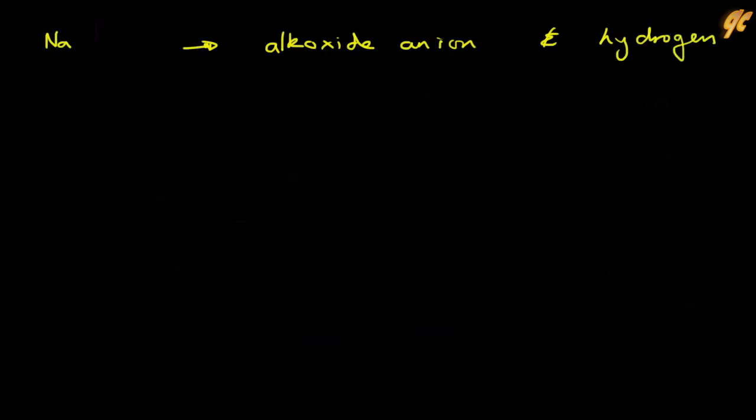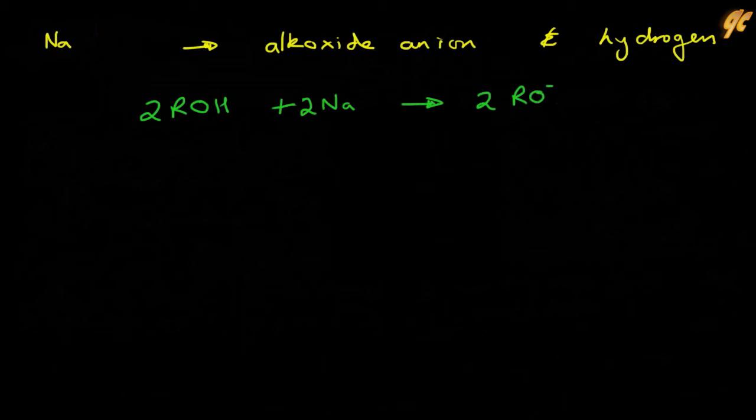So let's take a general equation for this. If you remember, we can use R as our alkyl group. So a general equation would be our alcohol, ROH, plus sodium going to make our alkoxide and hydrogen.